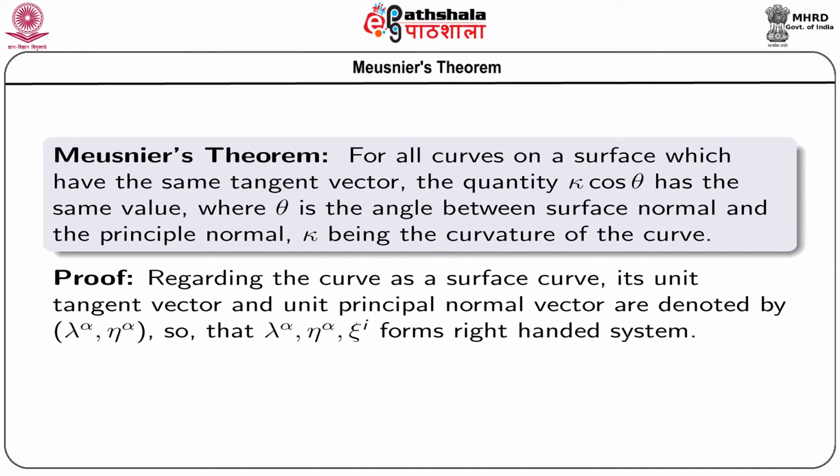And we have considered lambda alpha and eta alpha in such a way that lambda alpha, eta alpha and xi I, the surface normal vector, which is a space vector, form a right handed system.